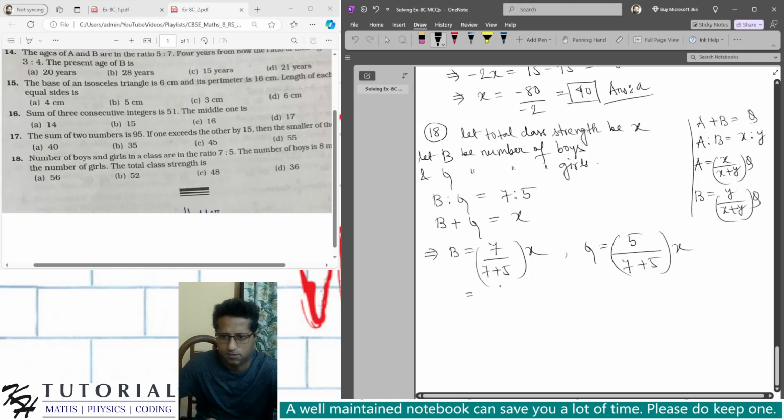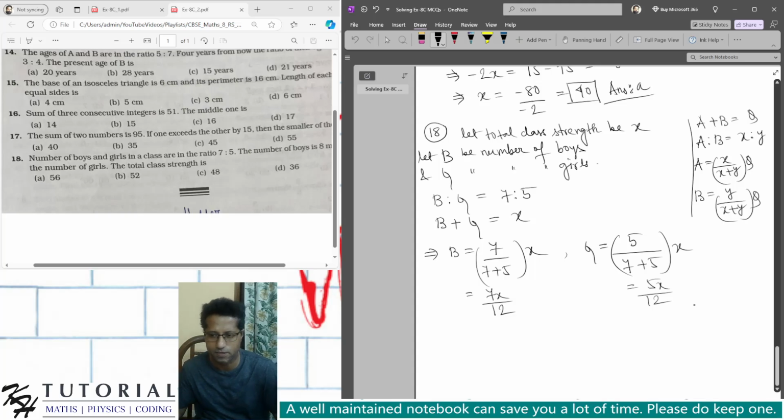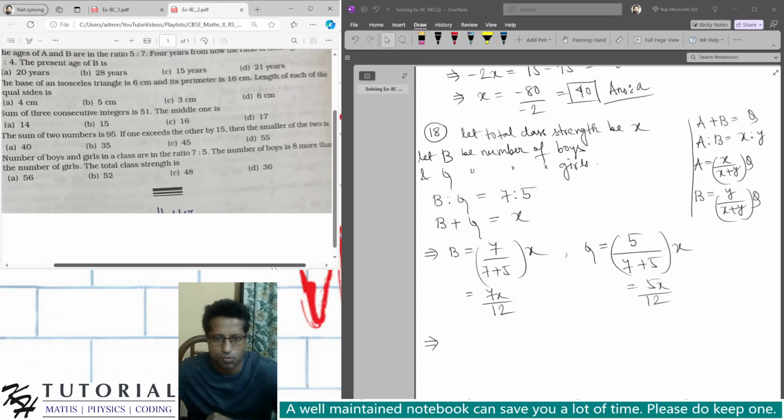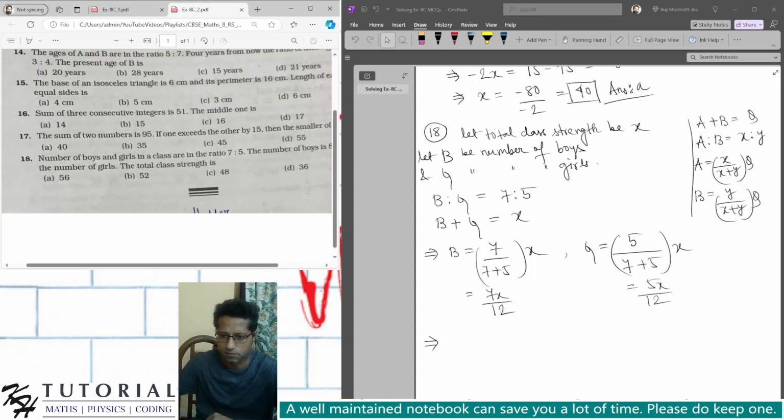Now if we simplify further, we get B is equal to 7x by 12 and G is equal to 5x by 12. So we got the number of boys, which is 7x by 12, and the number of girls, which is 5x by 12, in terms of x, where x we have assumed to be the total class strength. Now it is also given that the number of boys is 8 more than the number of girls.